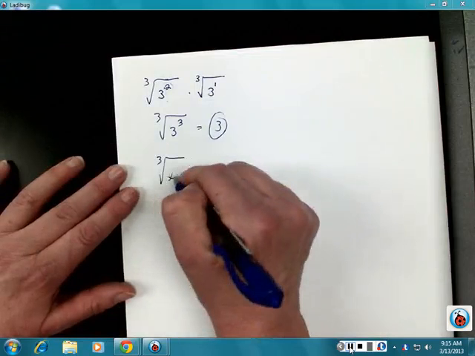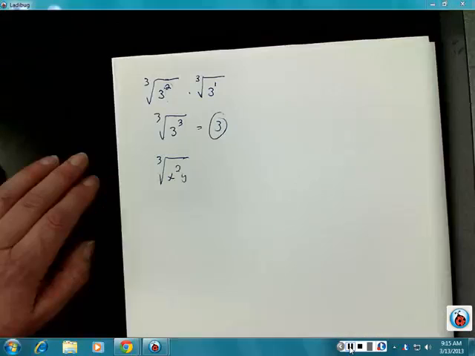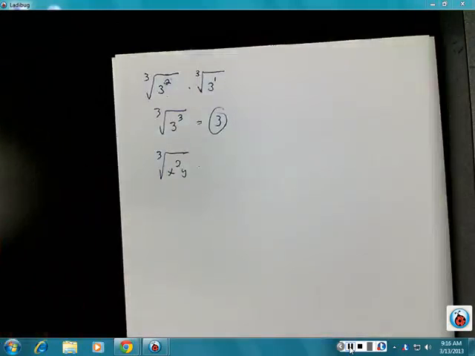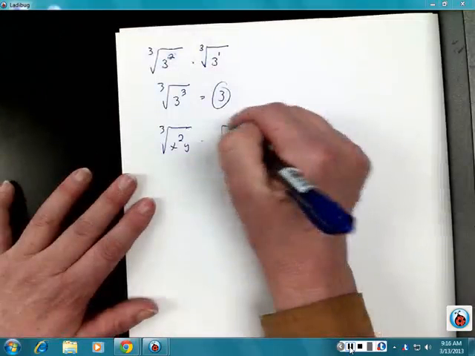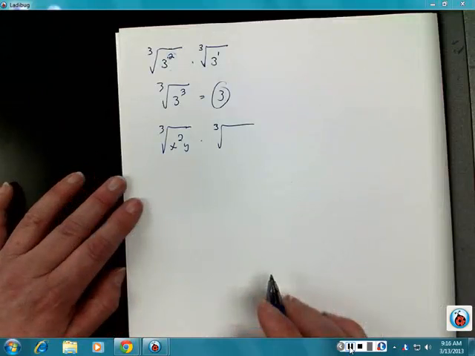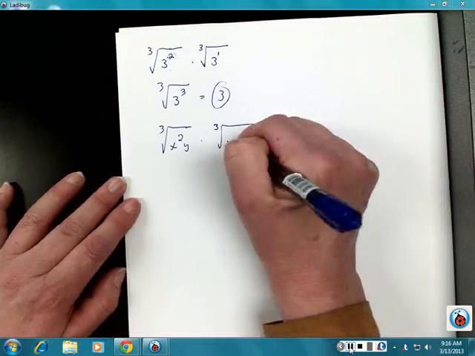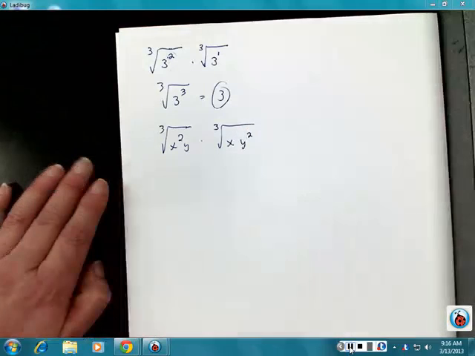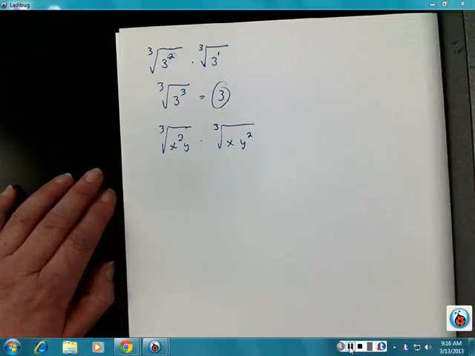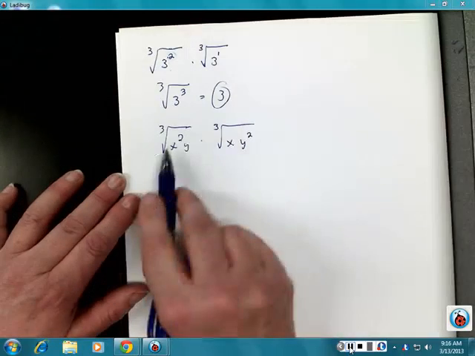Okay. What if I had the cube root of x squared y? What would I multiply it by to remove my cube? I would multiply it by an x and a y squared. Yep, an x and a y squared.